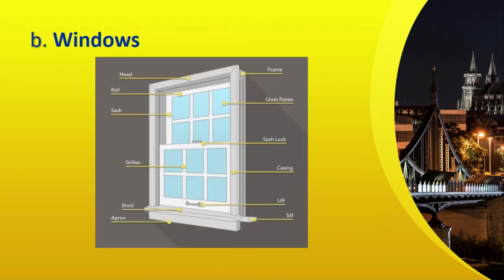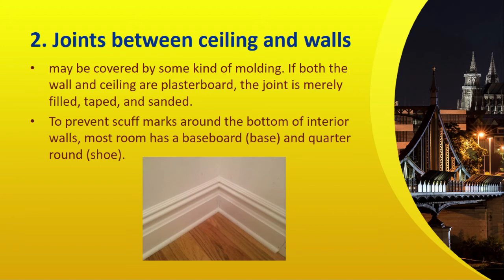While the parts of windows include head, rail, sash, grills, stool, apron, frame, glass panes, sash lock, casing, lift, and seal.